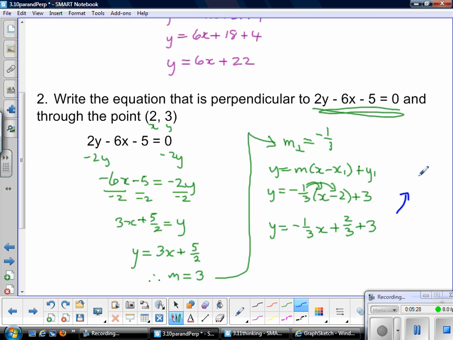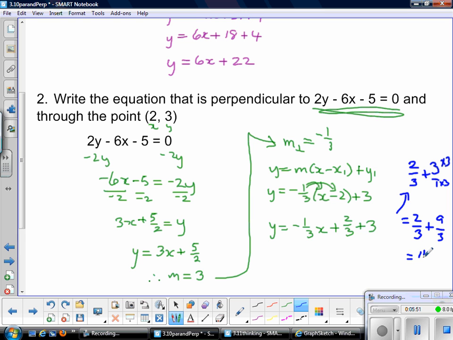We have 2/3 and we're adding 3, so we put 3 over 1 and multiply the top and bottom by 3. So I end up with 2/3 plus 9/3 for a grand total of 11/3.